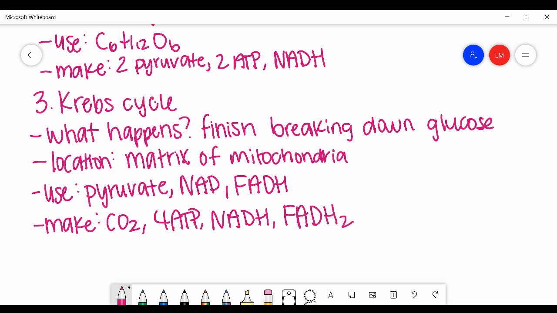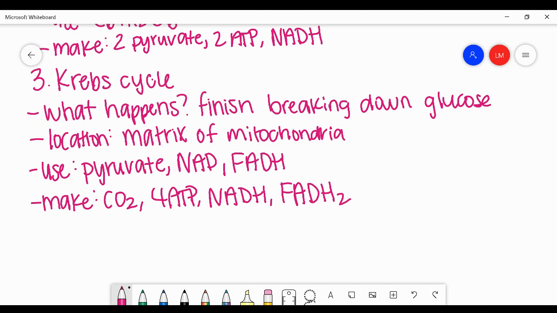So all of the hydrogen electrons from the glucose are either attached to NAD or FADH2 at this point. The key thing about the Krebs cycle, or a key thing, is that it does require oxygen.